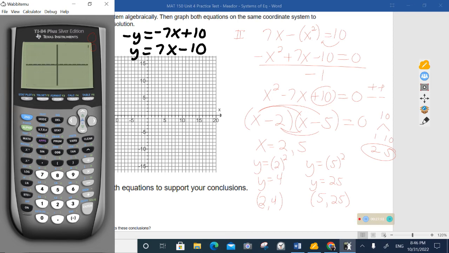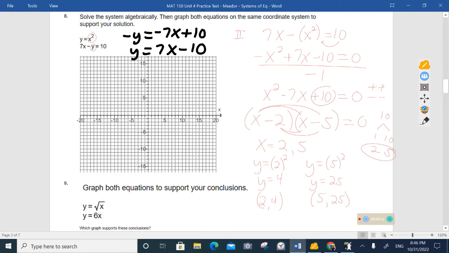And if we go back and look at that graph, and it's hard to see. Let me go back to zoom standard. Since I've changed my y-intercept, it might look differently. See, it still looks like it's only crossing once, but it's actually crossing twice. So when you have a parabola and a line, it's going to cross twice 99% of the time. All right, so those are my two answers right here.